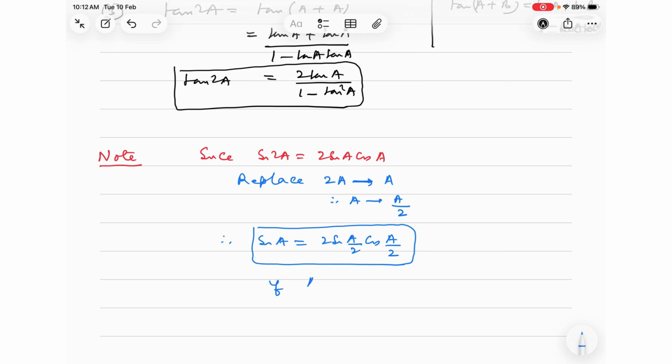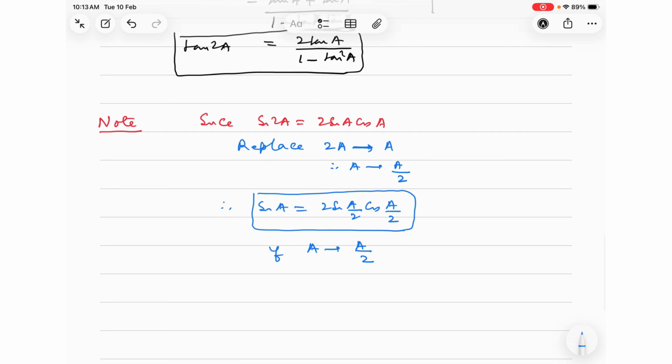If A is replaced with A by 2, then we get sin A by 2 is equal to 2 sin A by 4 cos A by 4. So this becomes trigonometric ratios of submultiple angle.